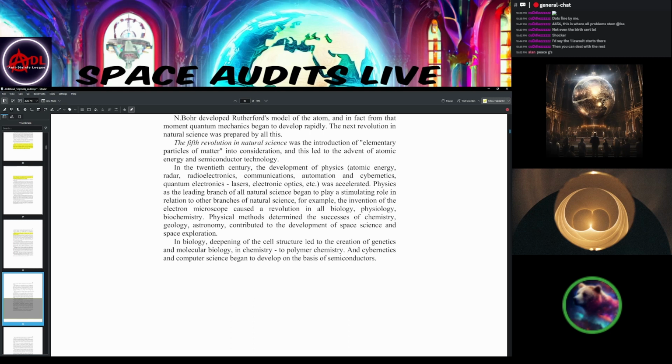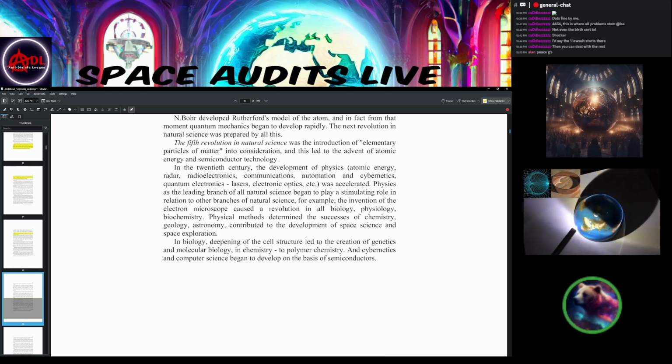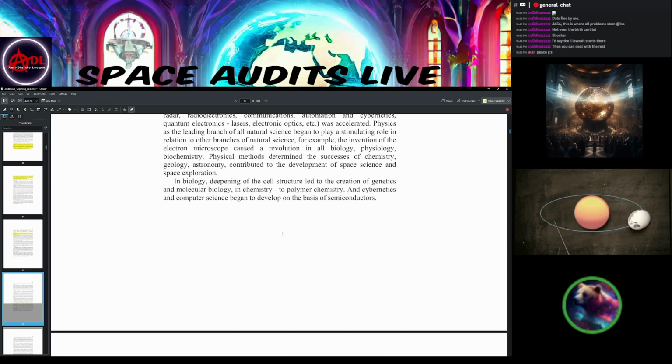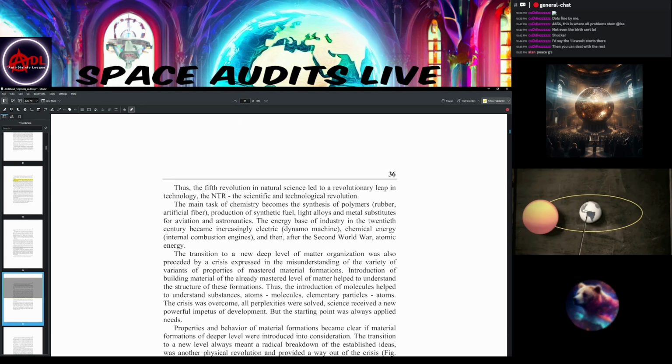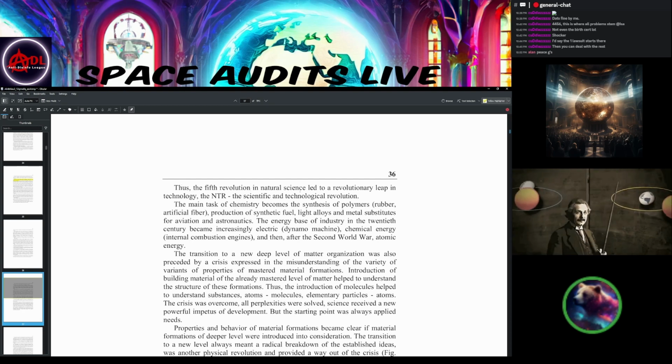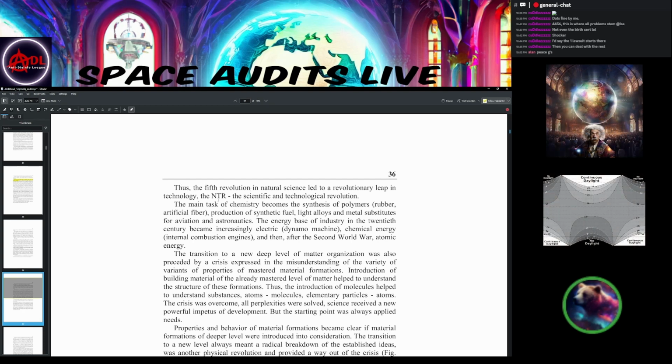In biology, deepening the cell structure led to the creation of genetics and molecular biology. In chemistry, to polymer chemistry, and cybernetics and computer science began to develop on the basis of semiconductors. Thus, the fifth revolution in natural science led to a revolutionary leap in technology, the NTR.